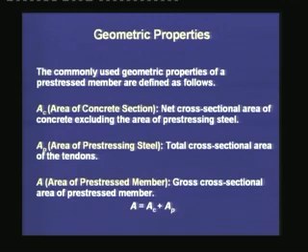There can be, of course, a difference between AC and the total area A if the duct size is large. The second notation is AP, which is the area of prestressing steel, that is the total cross-sectional area of the tendons. The third is the area of the prestressed member, which is the summation of AC and AP.